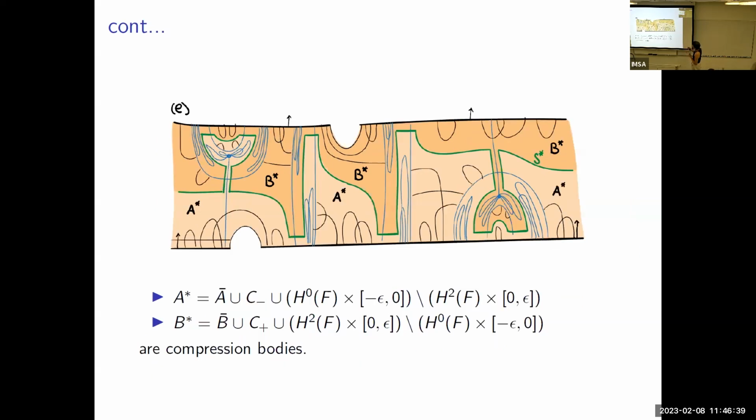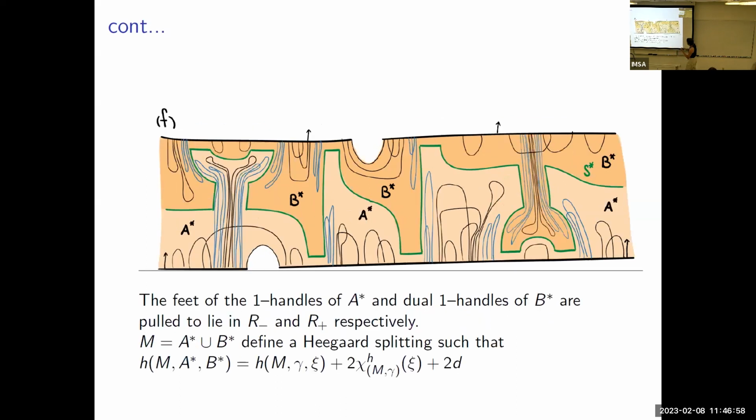So here we have this compression body, but for this to be a linear Heegaard splitting of the suture manifold, we need to have these handles all attached to R minus cross I. So the last step is to put the duals of the handles of A star, they have to be, and the handles of B star, to be put on R plus.